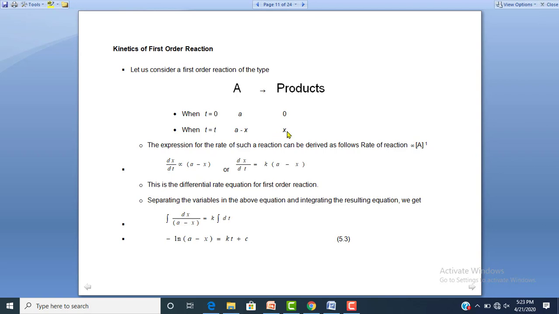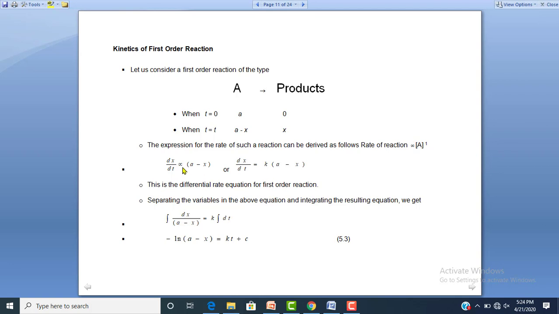For such type of reactions, when we write the expression for rate of reaction, then the rate of change of concentration of x with respect to time, dx over dt, is directly proportional to a minus x.